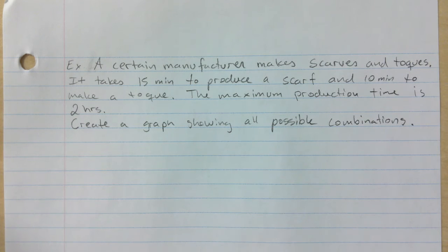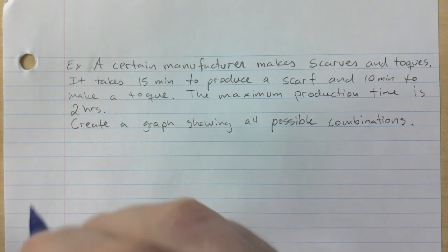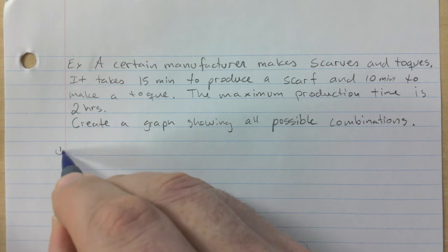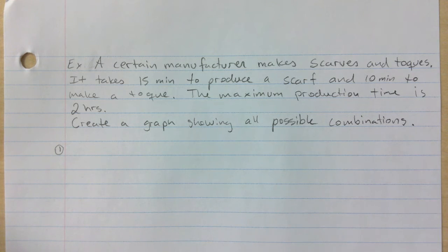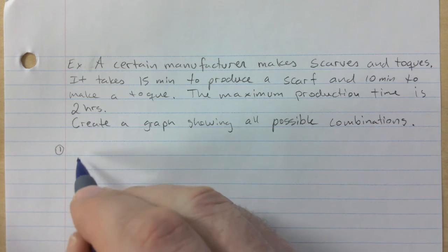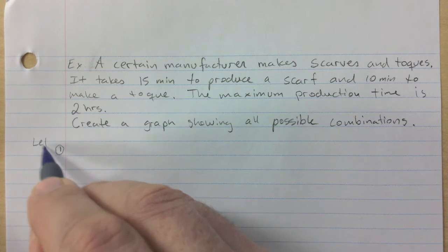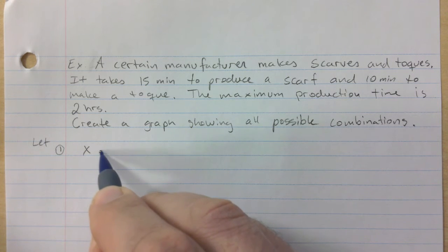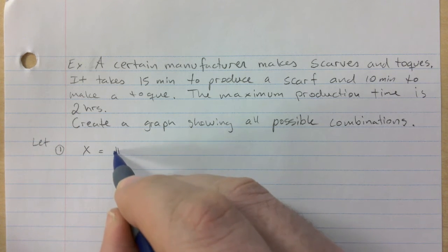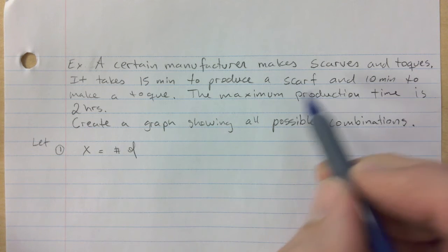I'll use my highlighter. So the first thing you want to do is identify, right? I'm going to put the step number down here, but you don't have to do this when you solve on a test or whatever. It's just to guide you, right? So we will let x be the number of scarves.